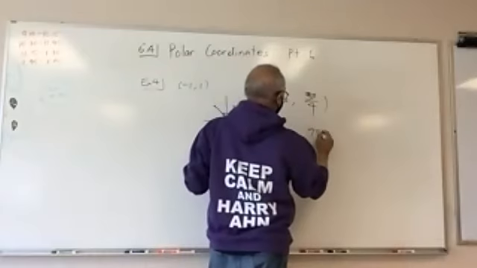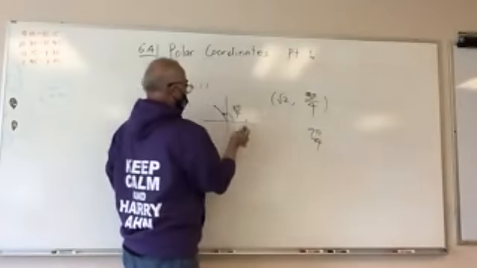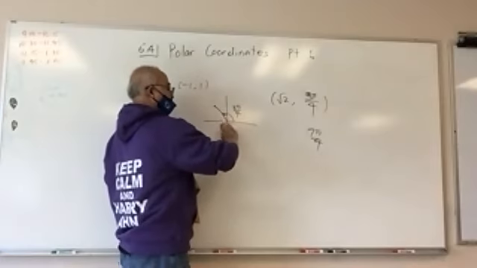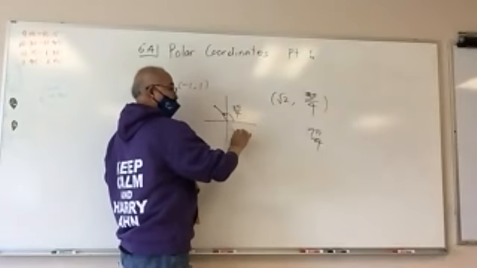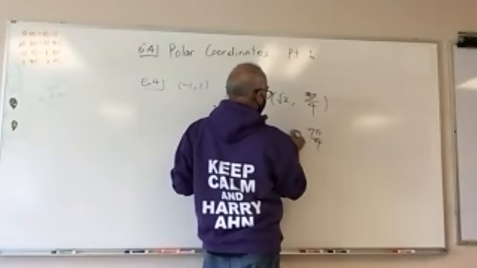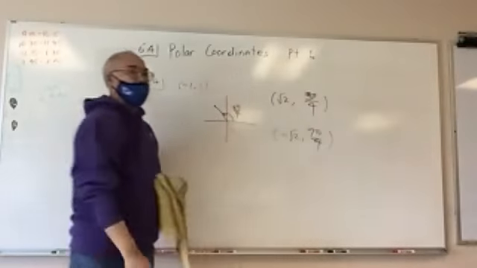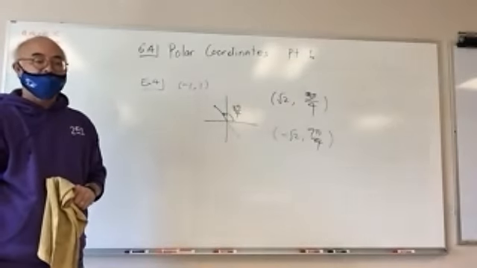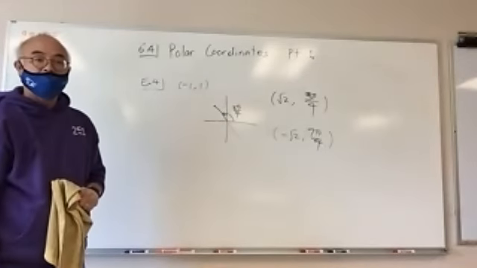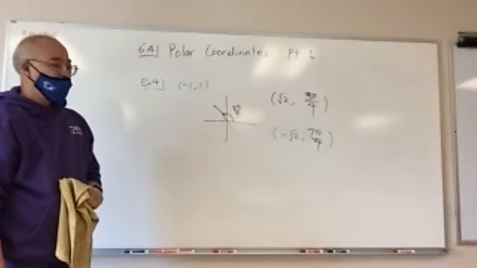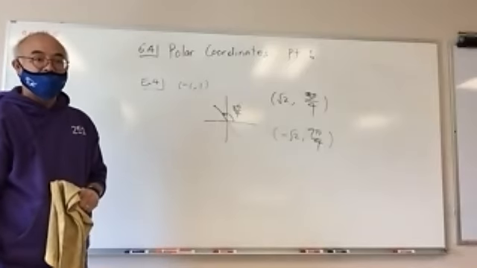That's 315 degrees, because I'm basically going negative 45, going backwards that way. Everybody see that? I'm going to have to reference my unit circle. Instead of 7 pi over 4, they said negative pi over 4, which is the same thing, right?